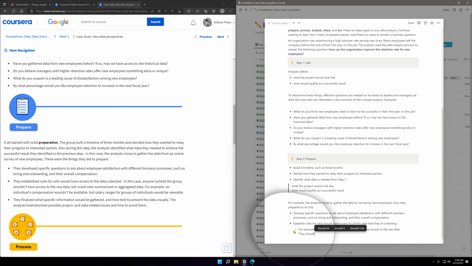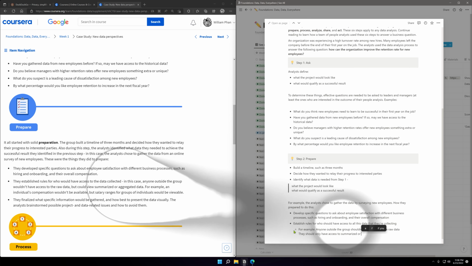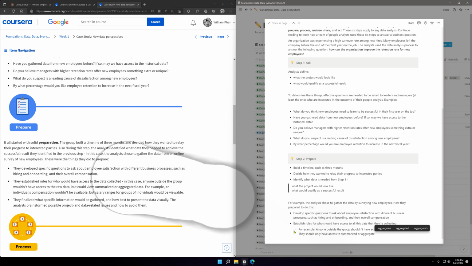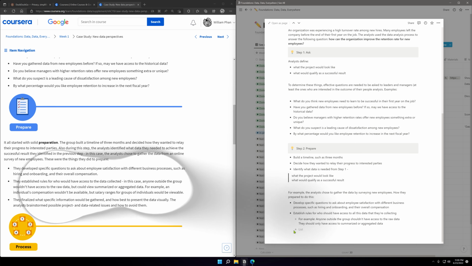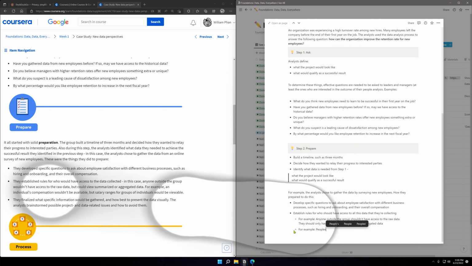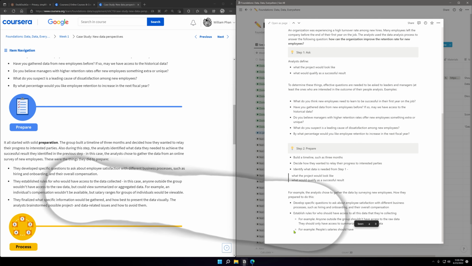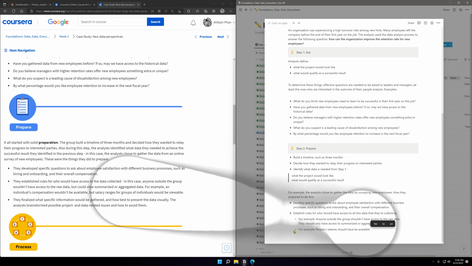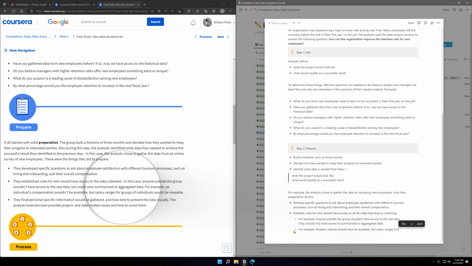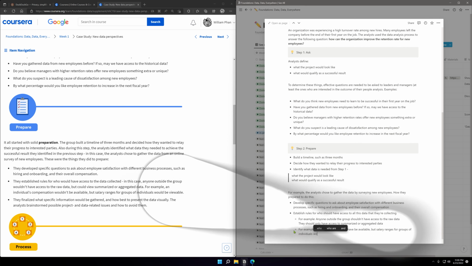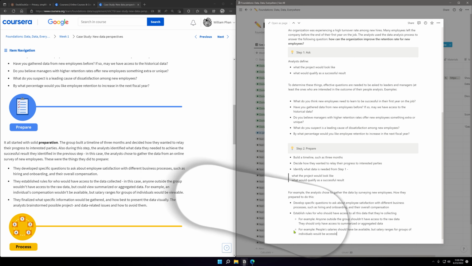They should only have access to summarized or aggregated data. For example, people's salaries should not be available, but salary ranges for groups of individuals would be accessible and viewable.